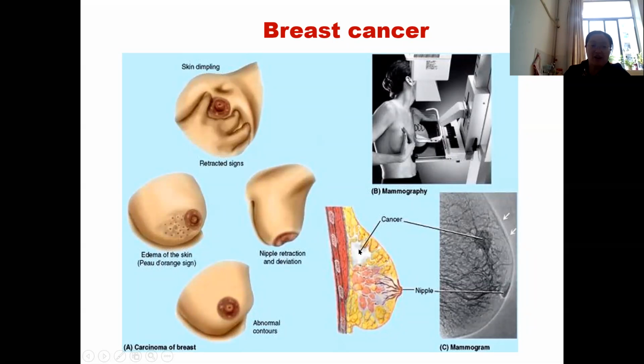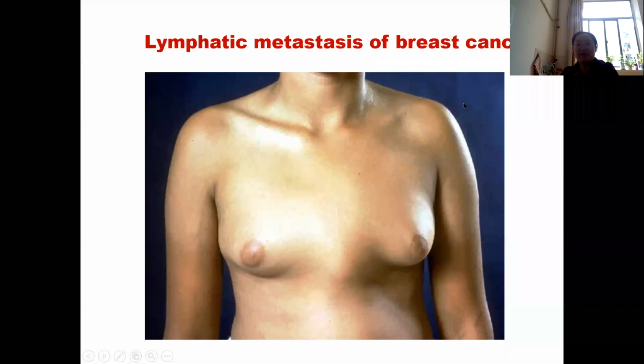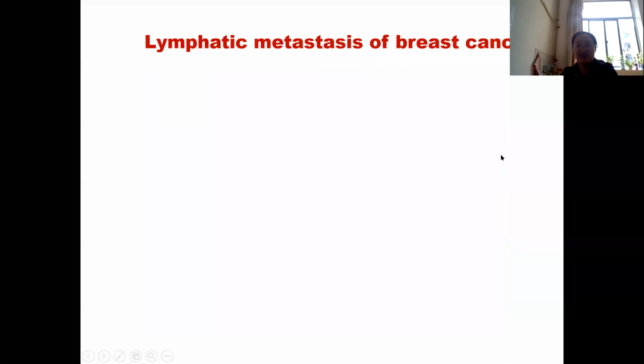In this way, we call it metastasis. And metastasis can spread through both the blood vessels and the lymphatic vessels. Here we show you the lymphatic metastasis of breast cancer.